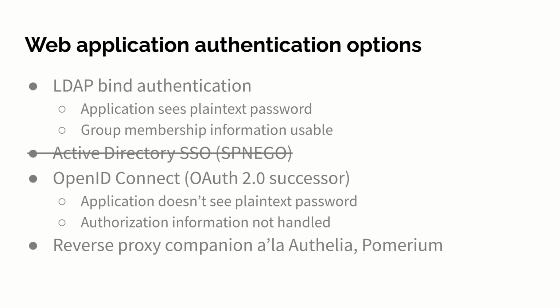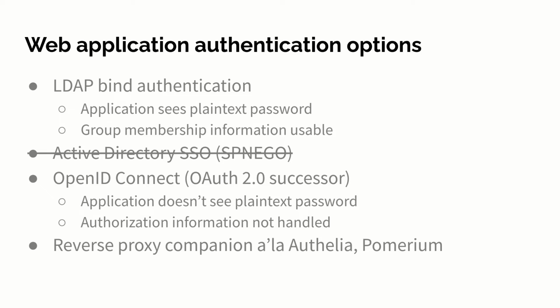Now, when we talk about more modern options, we've got OpenID Connect, which is the OAuth 2.0 successor. So you've got loads of different OpenID Connect identity providers. These are essentially pieces of software that deal with handling the password. And the identity provider essentially gives the web application a claim that this user is who they claim to be.